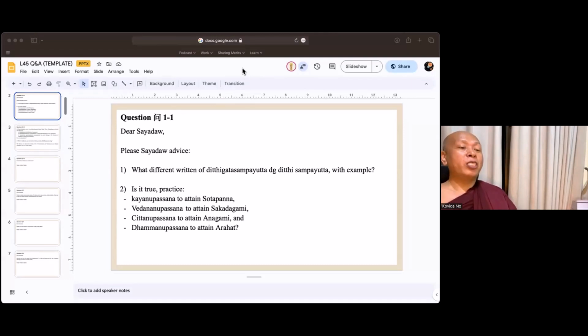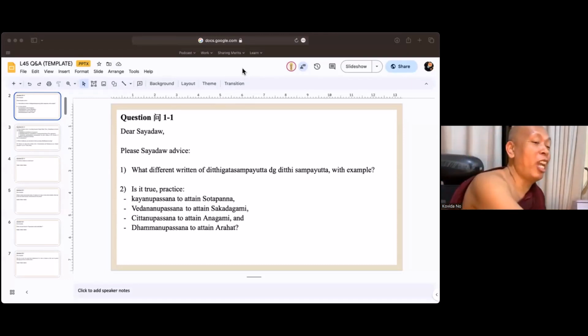As for the practice you mentioned, Kayanupassana to attain Sotapanna, I have never known this kind of thing. I don't know who said this to you. We have many other explanations about Satipatthana. Let me check my own collection here.